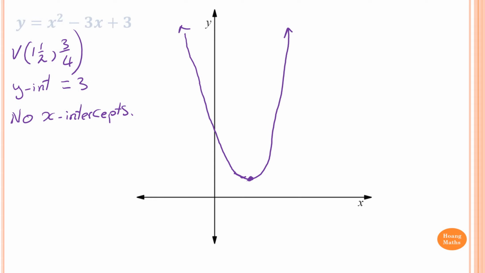So the vertex is 1.5 and 3/4, and the y-intercept is 3, and the equation is y equals x squared minus 3x plus 3.